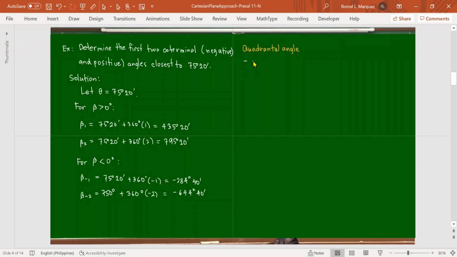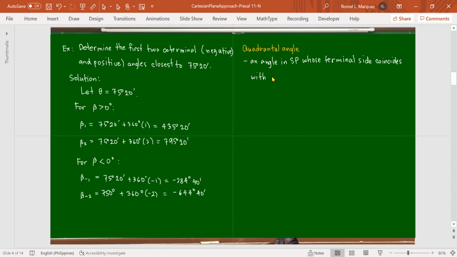So this is an angle in standard position whose terminal side coincides with what?